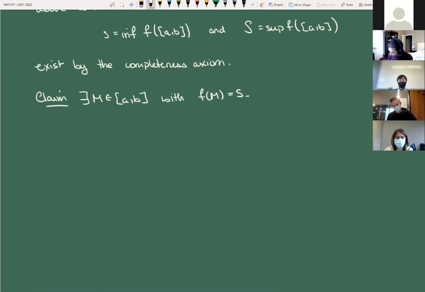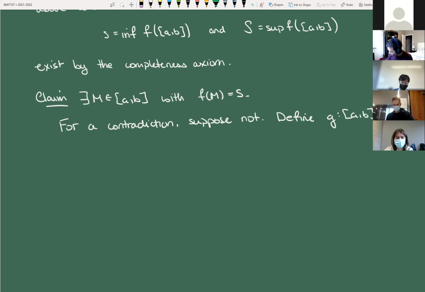So the proof is, for the sake of contradiction, assume not. Suppose not. We're going to define this function g of x equals 1 over m minus f of x, which is continuous.